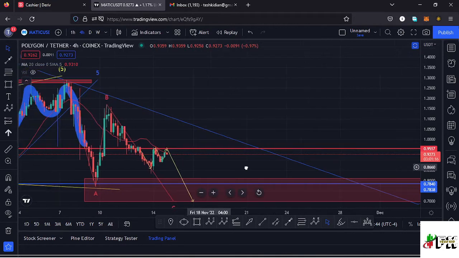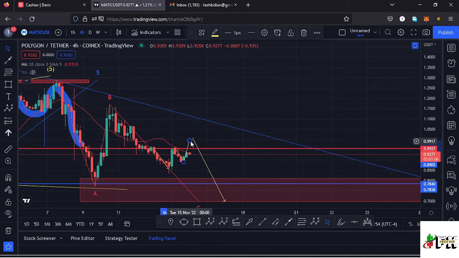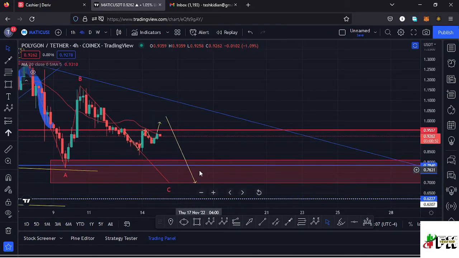So let's be patient and see whether this retest will be a success, and in case we see a breakout above the key area of resistance at around the $0.95 mark, there's a possibility that we might be able to make a new high over here, but a high that is below the high for this wave B. Then once that plays out, then we can expect that retracement back into our target area and then maximize it, then expect our wave 3 to the upper side.